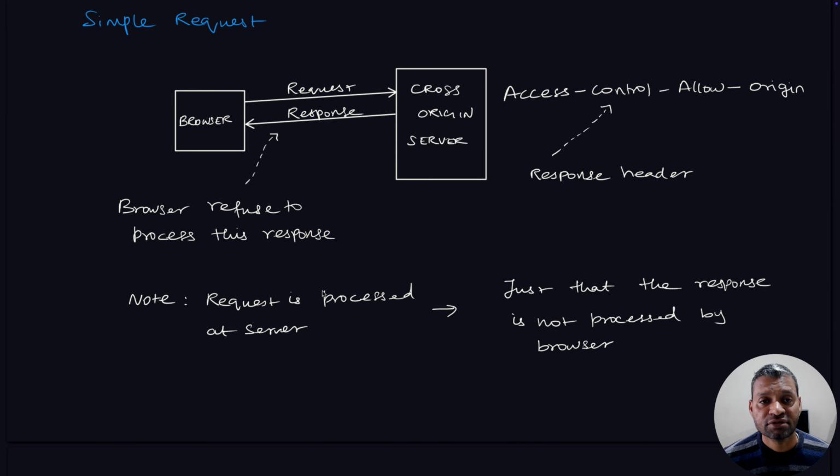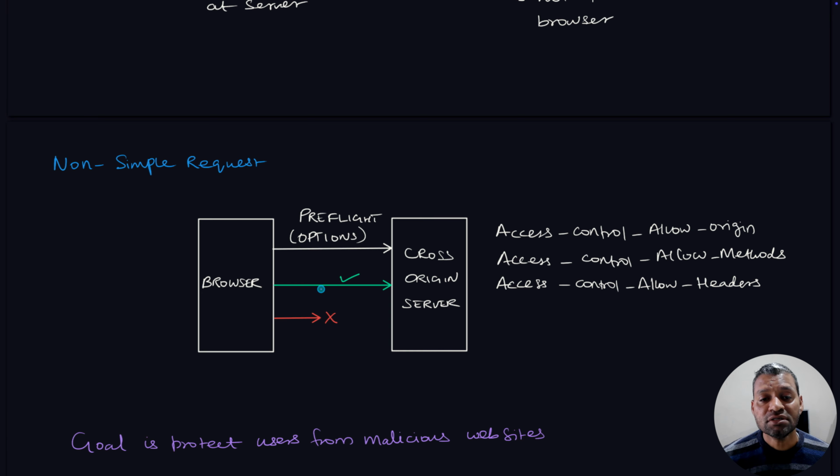Let's see how it works for the non-simple request. For non-simple request, if we take the same scenario, we have a browser which has google.com web page loaded, and we have cross-origin server. This could be Facebook server or something else. The first thing the browser does is, rather than sending the request itself, it sends the pre-flight request.